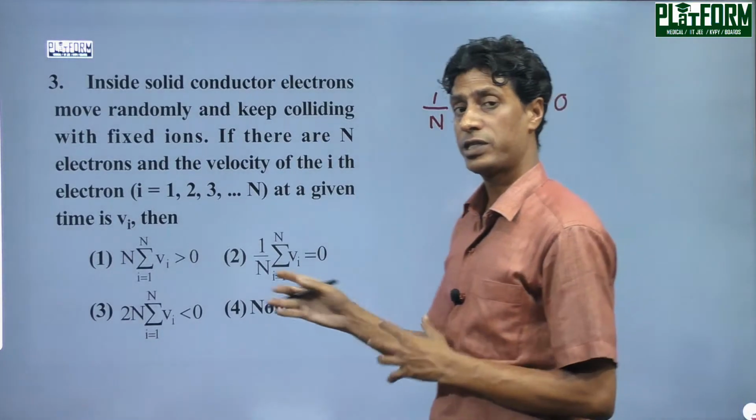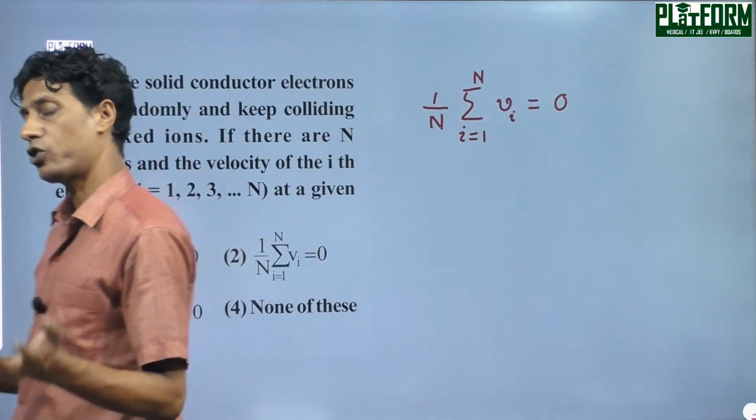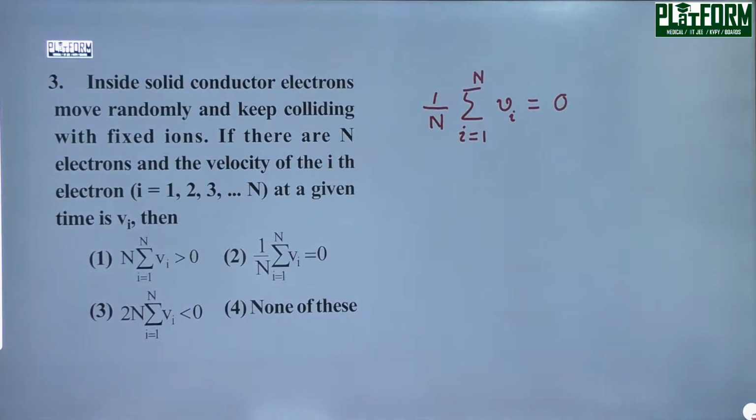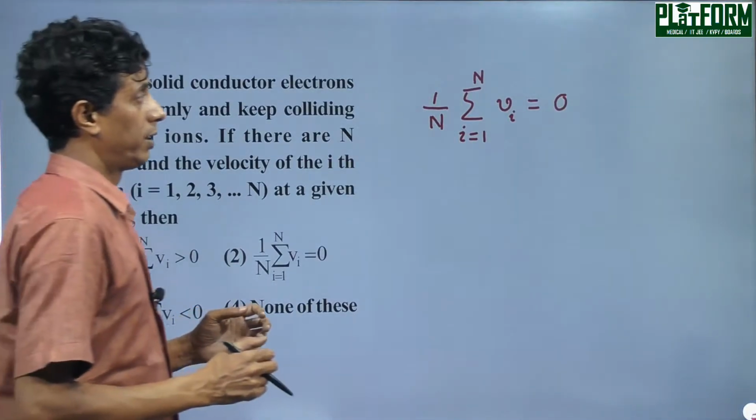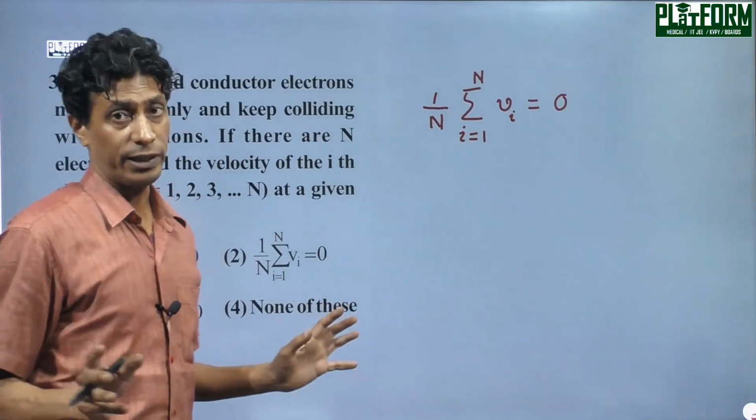So the mean velocity of electrons randomly moving due to the thermal excitation is 0, without any external electric field.